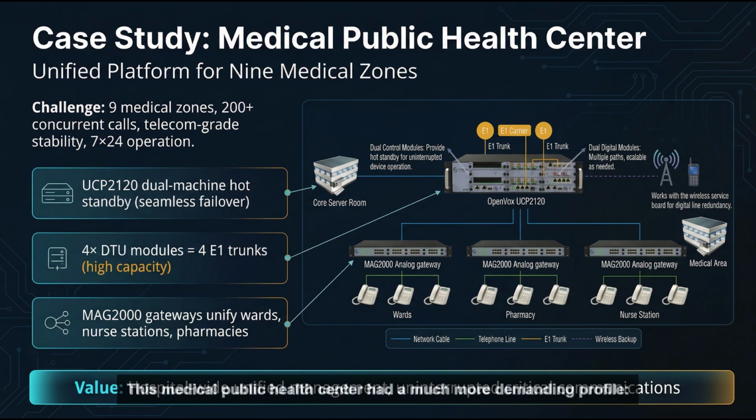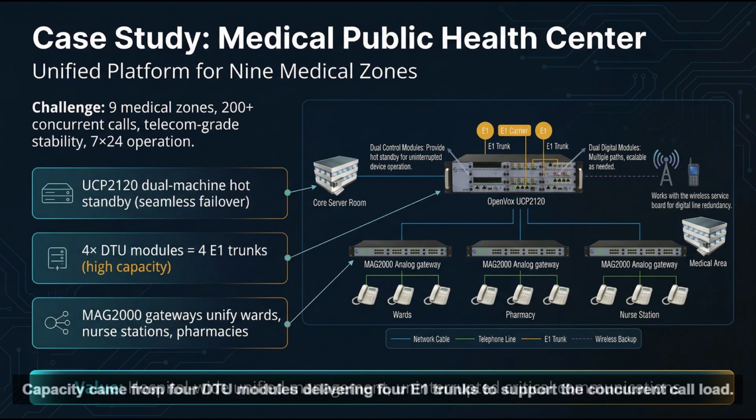This medical public health center had a much more demanding profile. 9 medical zones, over 200 concurrent calls, and telecom-grade stability under 7/24 operation. The architecture used UCP2.20 in a dual-machine hot standby design, so failover is seamless.